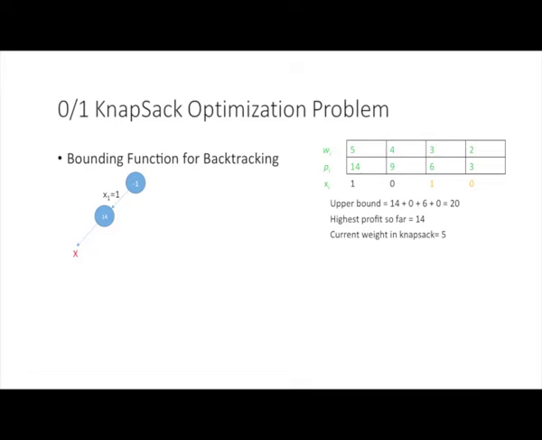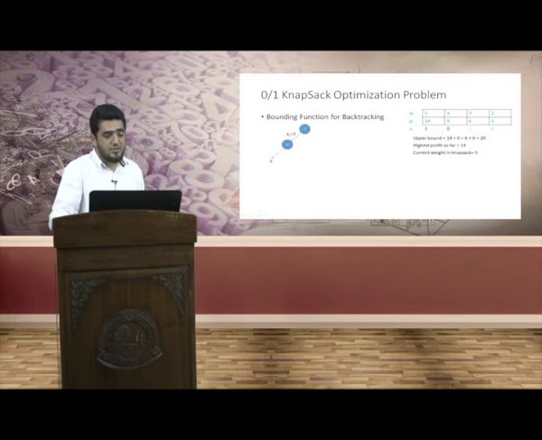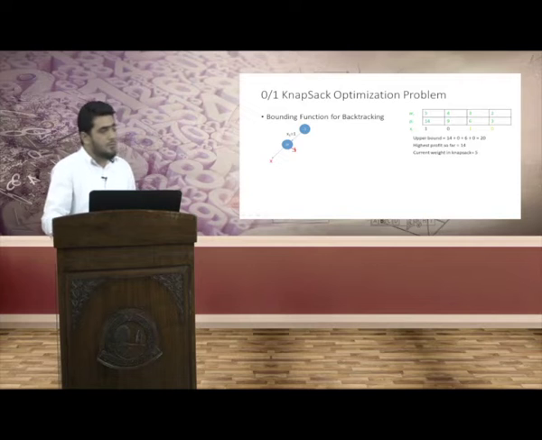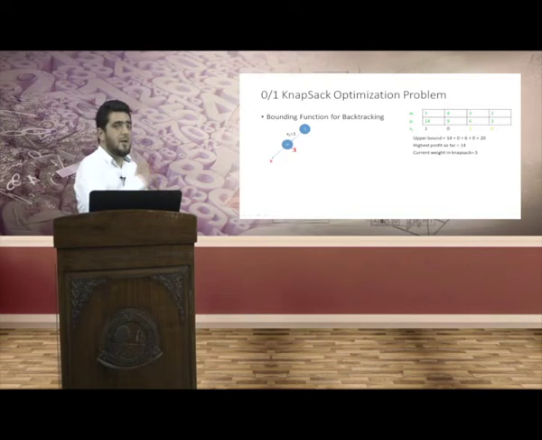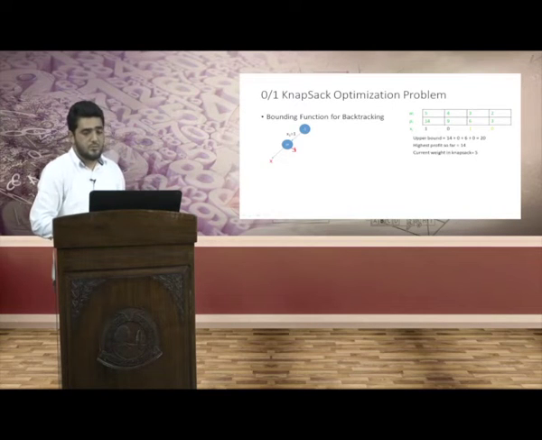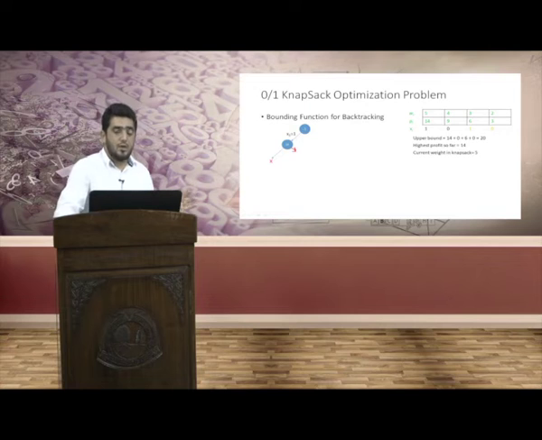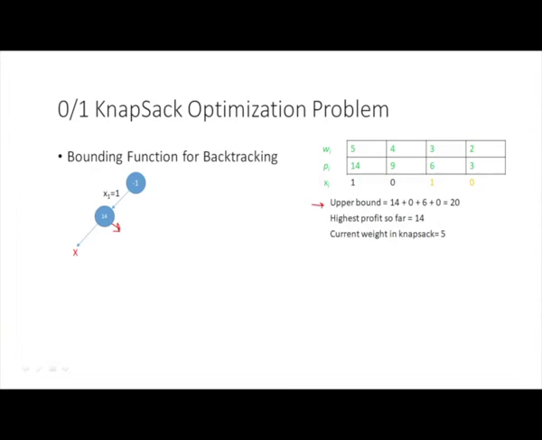This means we'll be taking the alternative path, that is, we will consider the right child of this node. But before we expand the right child, we will have to again compute the upper bound if we expand in this direction. So x1 is equal to 1, we have already done that.